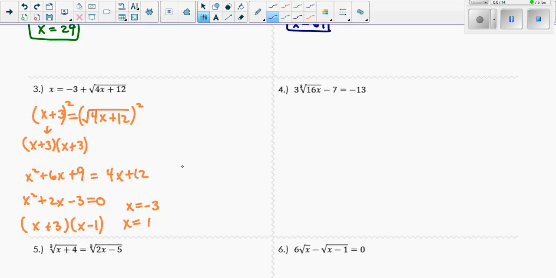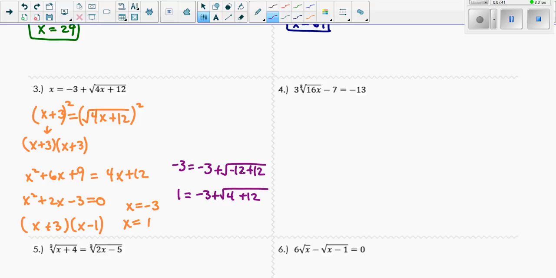Alright, let's see. So if x is negative 3, this is going to be negative 3 equals negative 3 plus the square root of negative 3 times 4, which is negative 12, plus 12. Right, and then actually I'm going to rewrite the other one too. So if I have a 1, that would be 1 equals negative 3 plus the square root of 4 times 1, which is 4, plus 12.